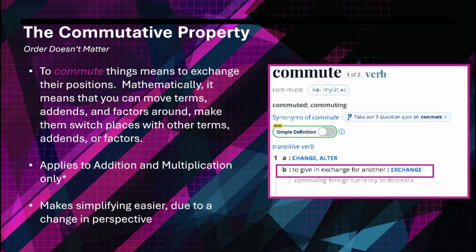Now, mathematically, what that means is that you can move terms, addends, and factors around. And in doing so, you make them switch places with other terms, addends, or factors. Because when it comes to addition and multiplication, order doesn't matter. Now, I have two caveats to that statement.